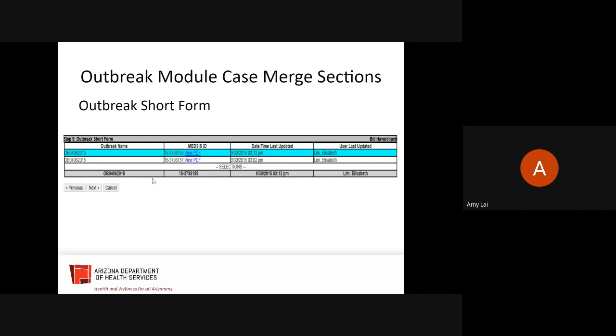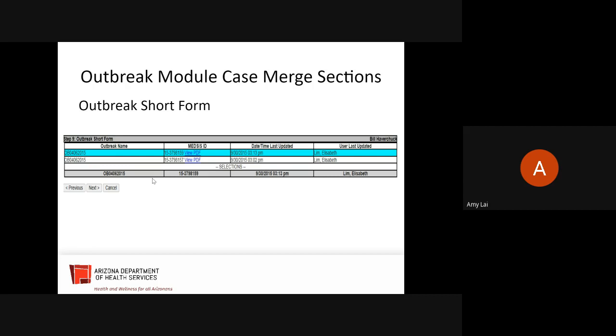And we'll also touch on this when we talked about outbreak module, but every case that is associated to an outbreak, the system automatically creates a short form that is associated to that case. Which means that if you're merging two cases into one, you have to decide which short form to keep.